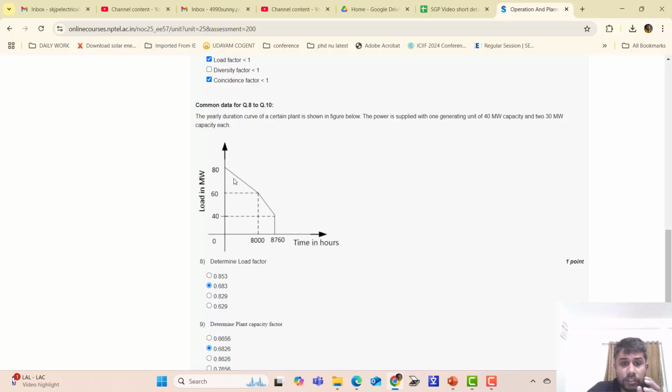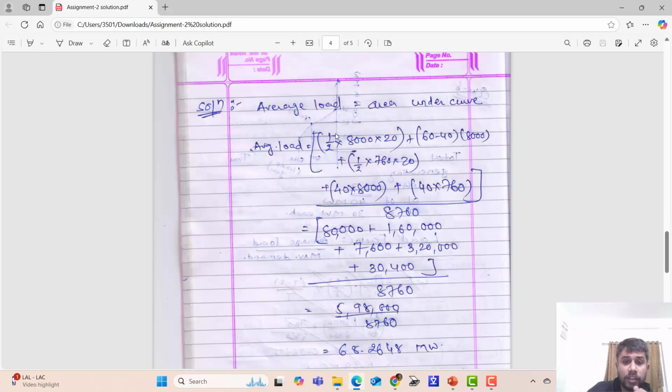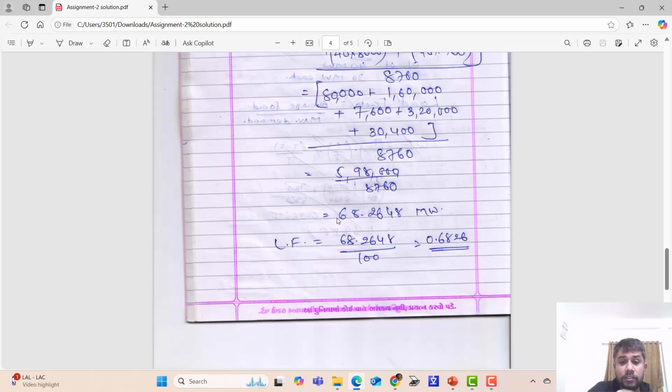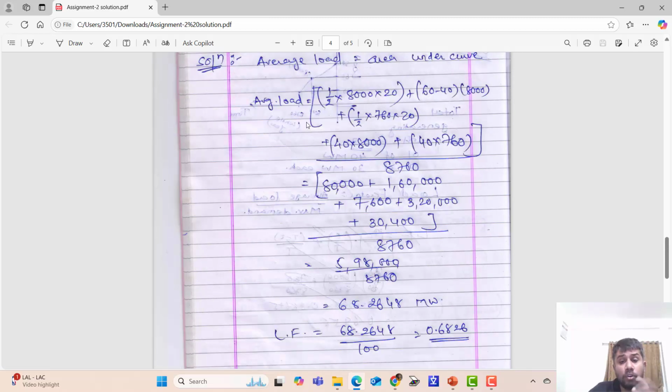The summation of all these areas will give us the average load consumption. I have done the same here for the area under the triangle plus square plus triangle plus square, divided by the total number of hours, that is 8760 hours of a year. This is how we have calculated 68.2648 megawatt as the average load on the feeder.